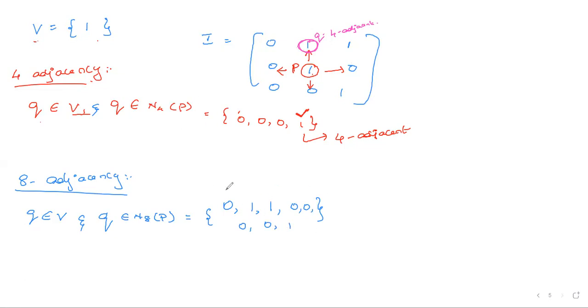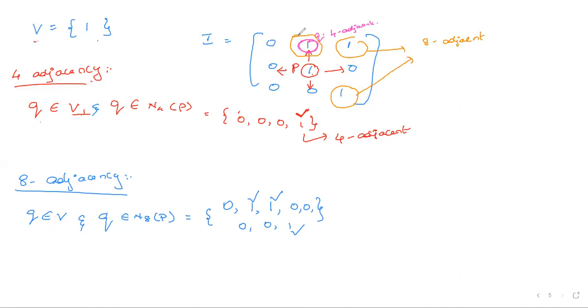In these pixels, which of them are Q belongs to V? This one and this one and this one, right? I am notating with one more color, that is orange. These orange colors are 8 adjacent.